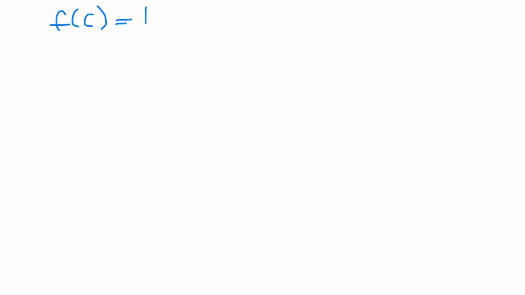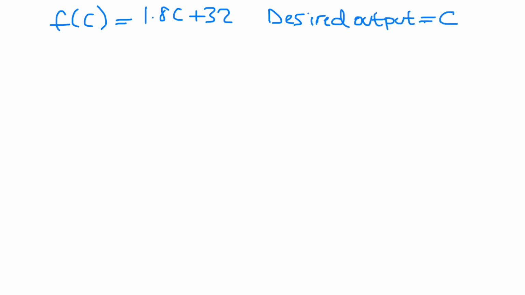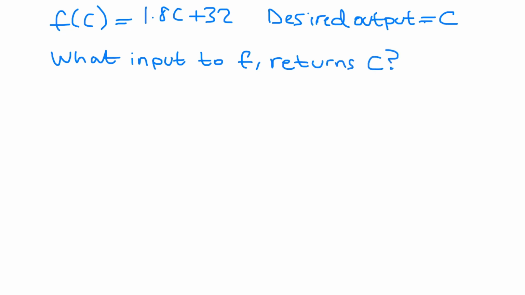So we'll look at how to actually calculate this now. I'm writing out this function of Celsius, which is 1.8C plus 32. But now our desired output is going to be C. So I want to know what input to this function f returns C, or rather f of question mark equals C. Now let's write out this equation.